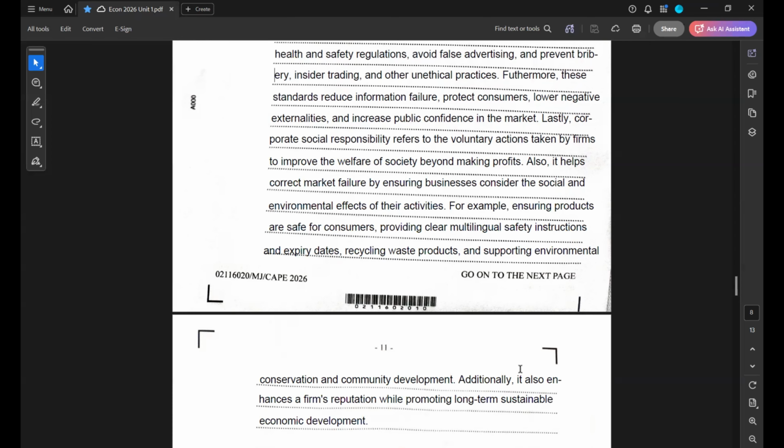For example, ensuring products are safe for consumers, providing clear multilingual safety instructions, that is, whether it's in English or Spanish, and expiry dates, recycling waste products, and supporting environmental conservation and community development. Additionally, it also enhances a firm's reputation while promoting long-term sustainable economic development.